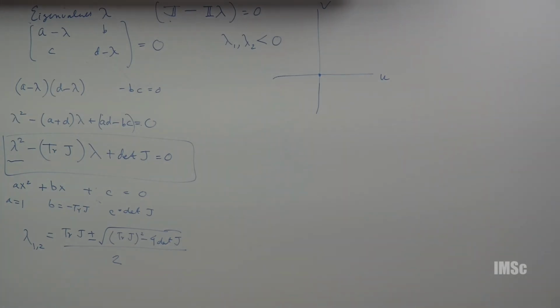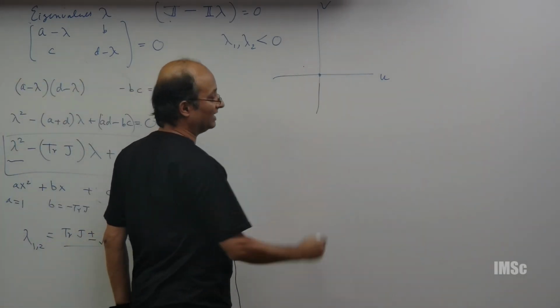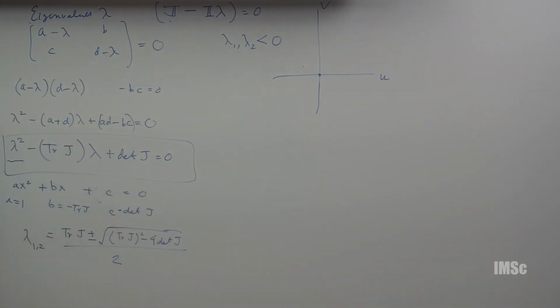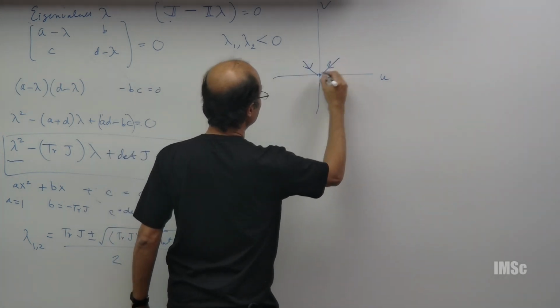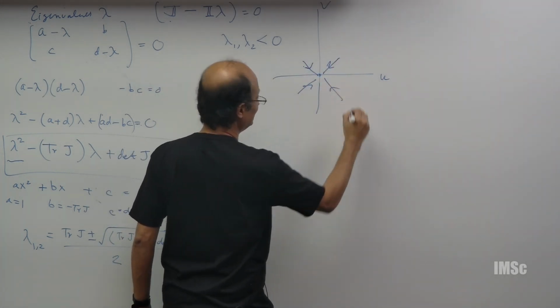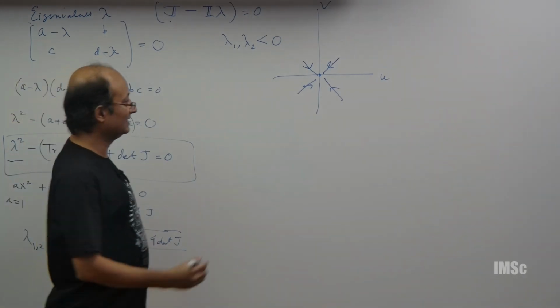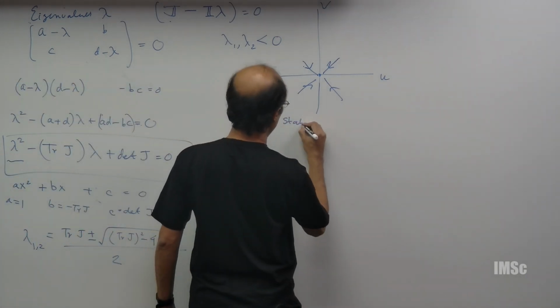If you start from somewhere very nearby, which way will you go? Both are negative. So if the slope is negative, what happens? You go back towards the fixed point. So you will have something which looks like this. This is known as a stable node.